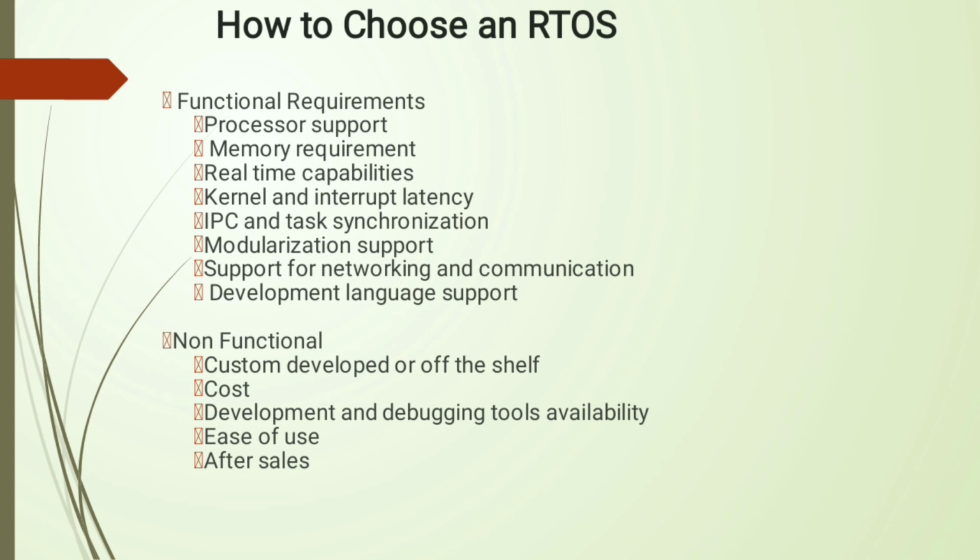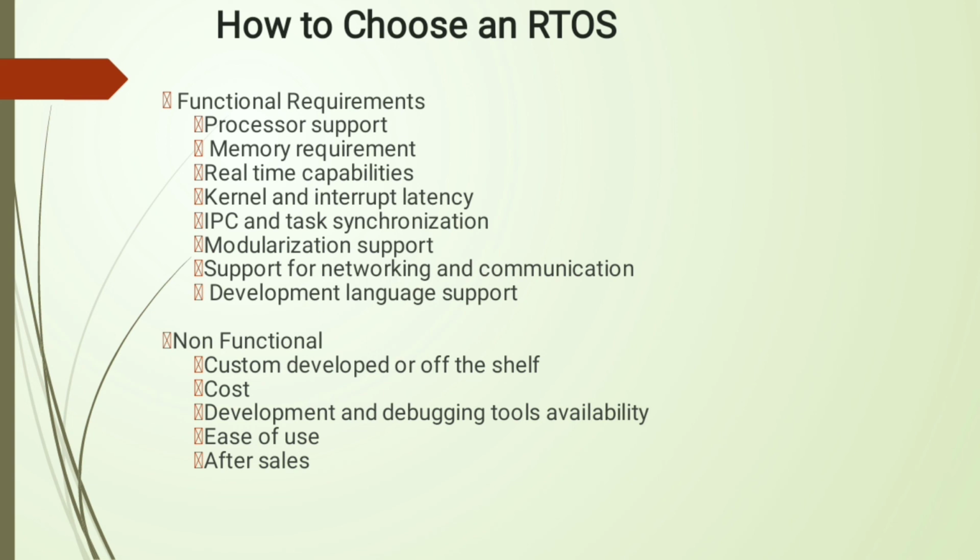Only if the development and debugging tools are available should we select that RTOS. And the next one is the ease of use. How easy it is to use the RTOS is another feature. And the last one is the after sales.